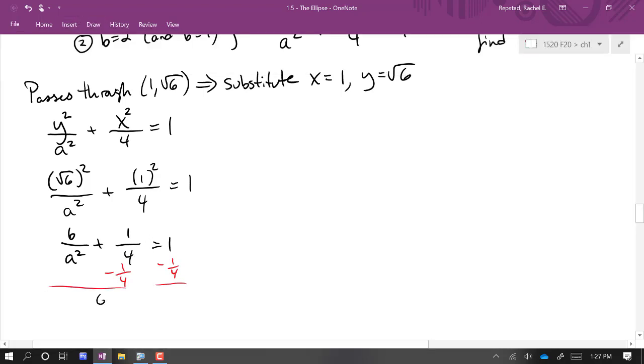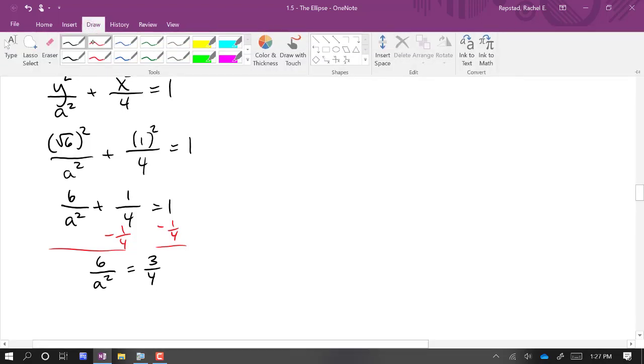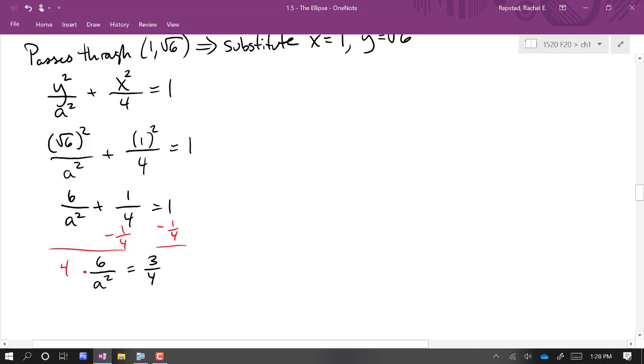So now we have 6 over a squared is equal to 3/4. I'm going to multiply both sides by 4a squared. Do some canceling. And then we get 24 is equal to 3a squared.